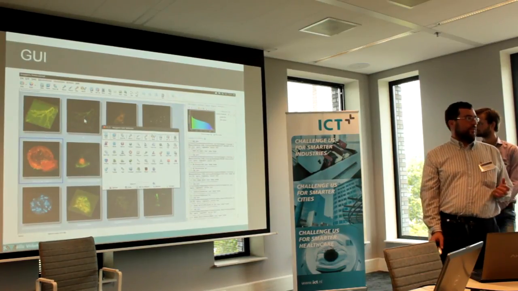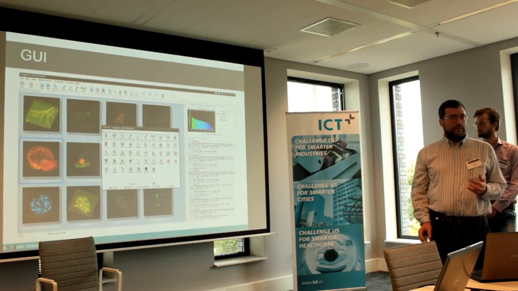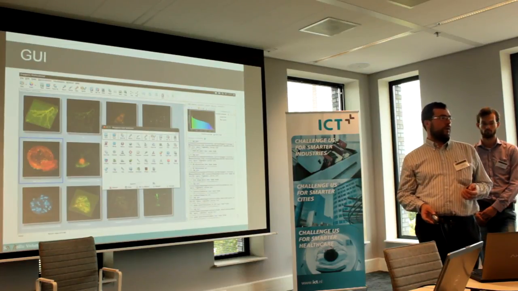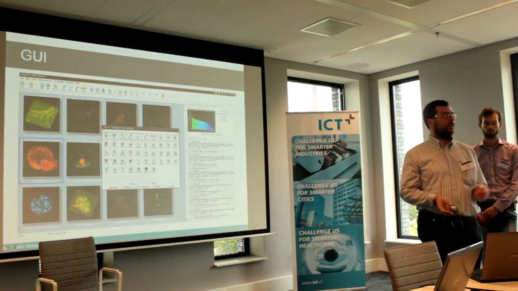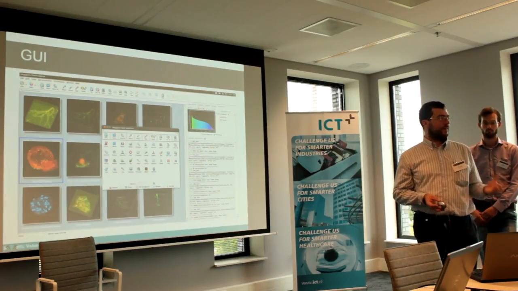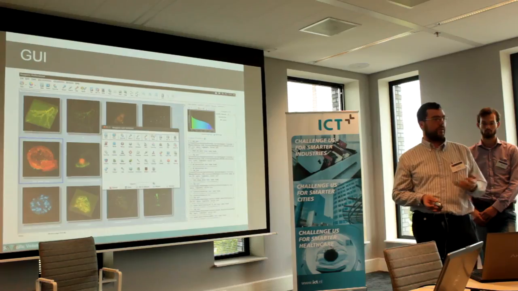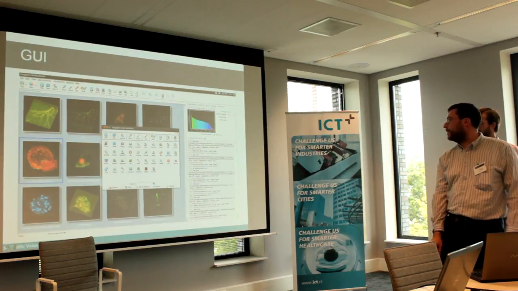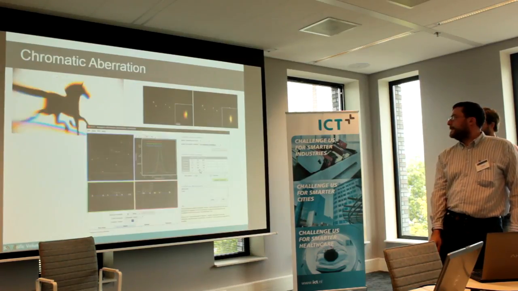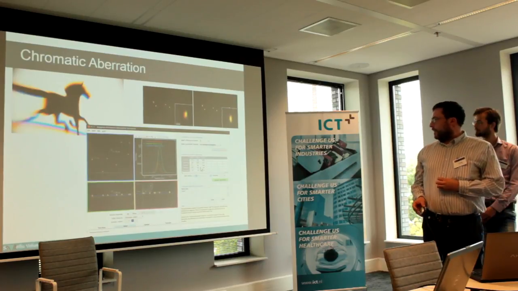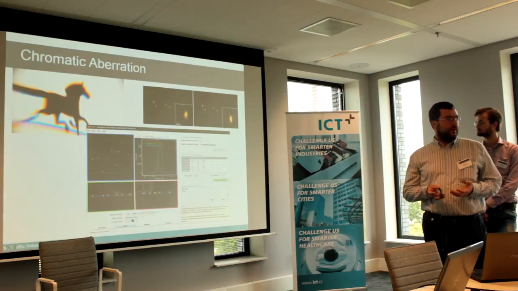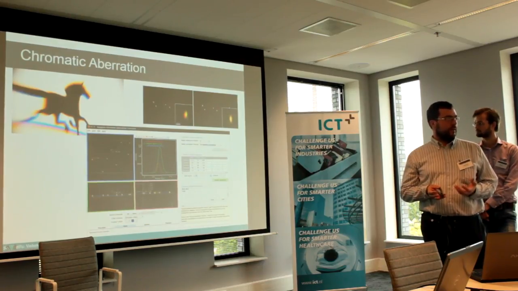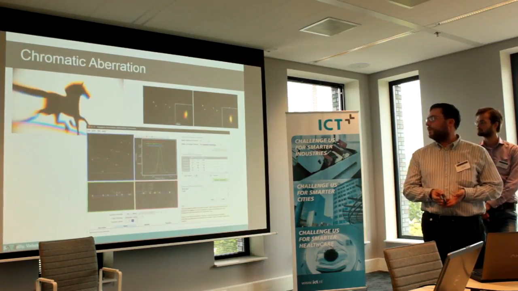The user interface is, of course, for software like this, an important part of the software as a whole, because not everybody who is using it, or almost nobody who is using it, is a programmer. They are biologists who want to process their microscopy images. And then, apart from the deconvolution, there are different kinds of things that are not ideal in microscopy images that we are trying to correct.